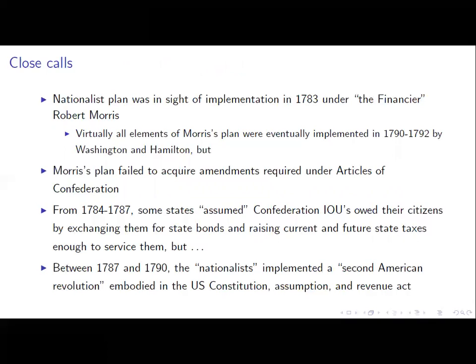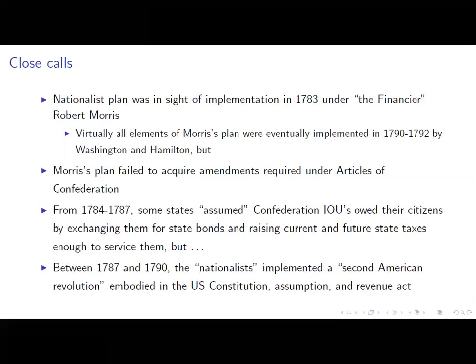There was an attempt to do it in the early 1780s. So Robert Morris proposed a federal tax, a tax going to the continental government, to the Confederation government.